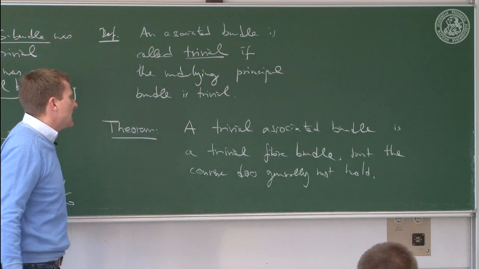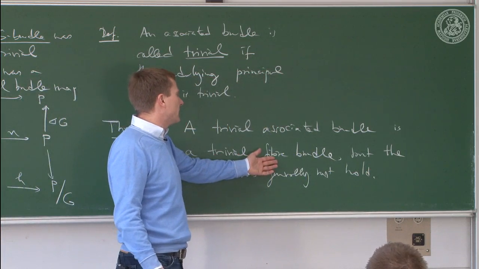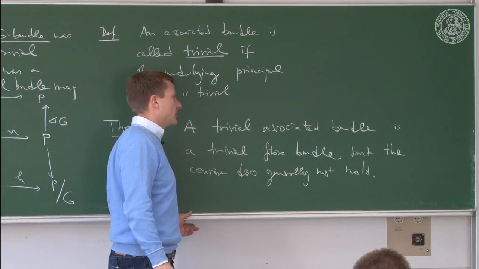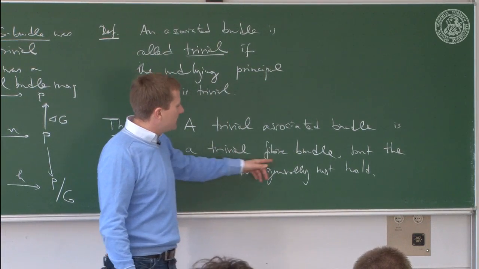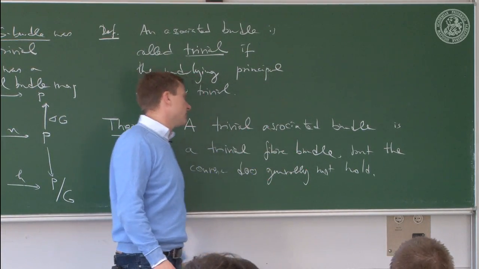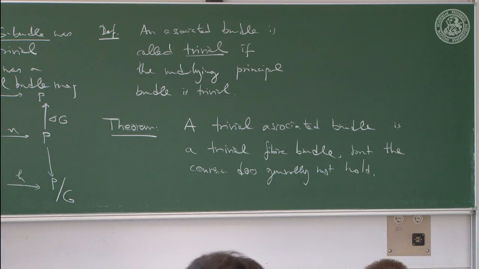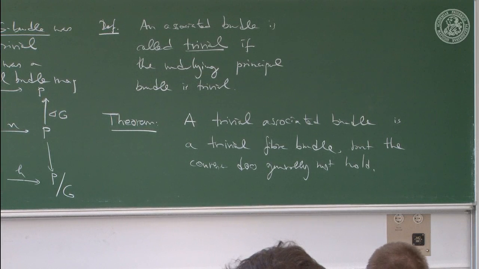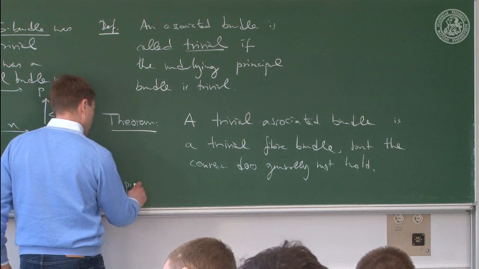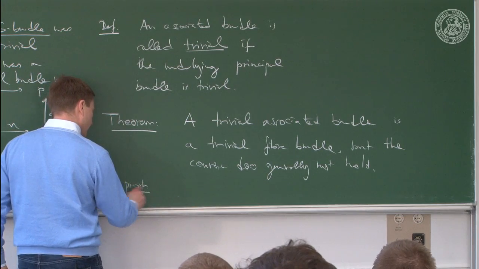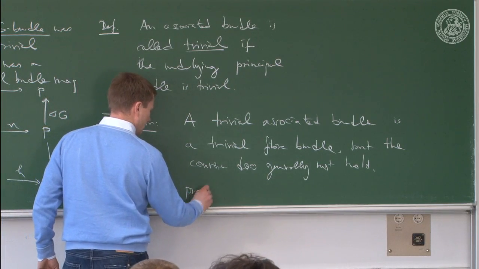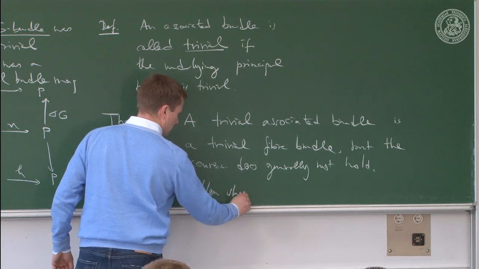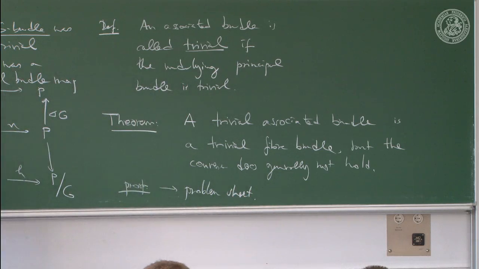Well, it couldn't be decided, because if you have a trivial fiber bundle, how do you know what associated bundle it is? Anyway, even if you knew this, it will not necessarily be that the underlying principal bundle is trivial, even if as a fiber bundle the associated bundle is trivial. Okay, and the proof, an instruction to the proof, will be on the problem sheet. So this is a kind of warning.